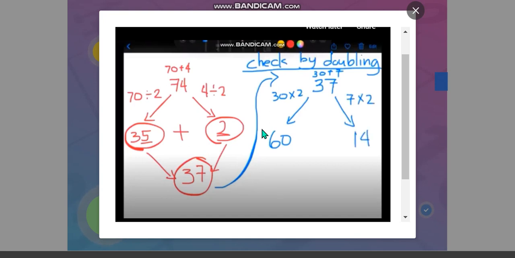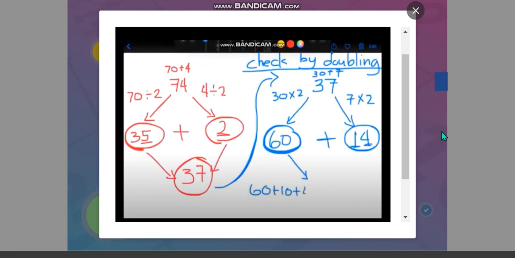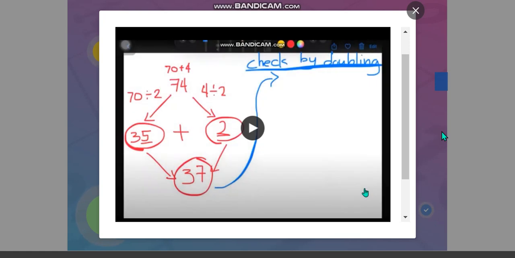Now 14, later we are going to partition it when we add our products. Right? So 60 plus 10 plus 4 equals 74. Okay, so now we know that we can actually inverse the process or undo multiplication and division, or doubling and halving.